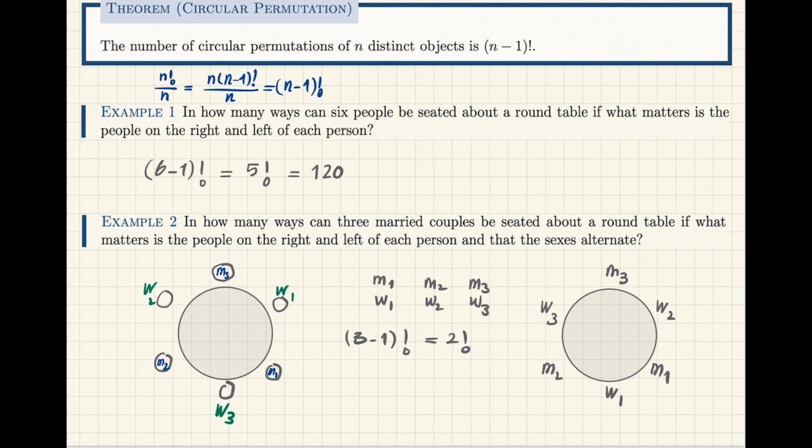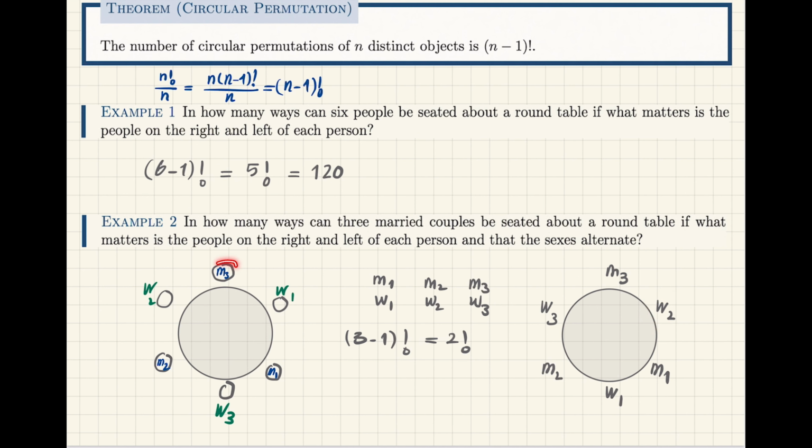But if I insist on arranging the women in a circular permutation, it means that I am not distinguishing between this case and that case. But in the problem, we have to distinguish between them. For example, if I ask you what the neighbors of this man are, you would say that the neighbors of this man are W2 and W3.